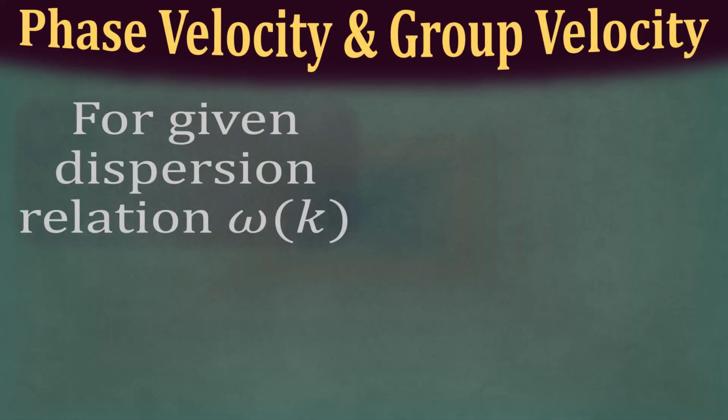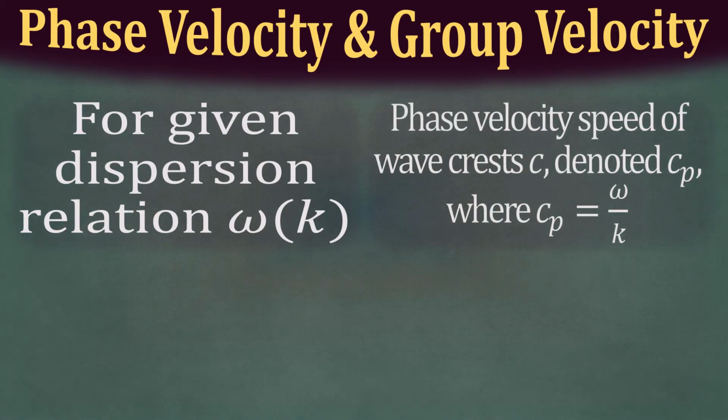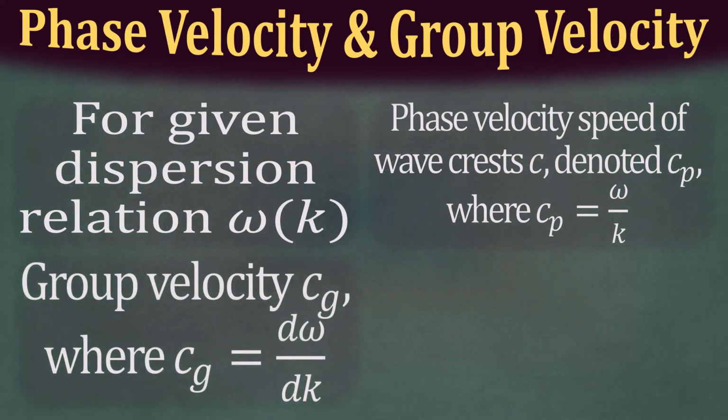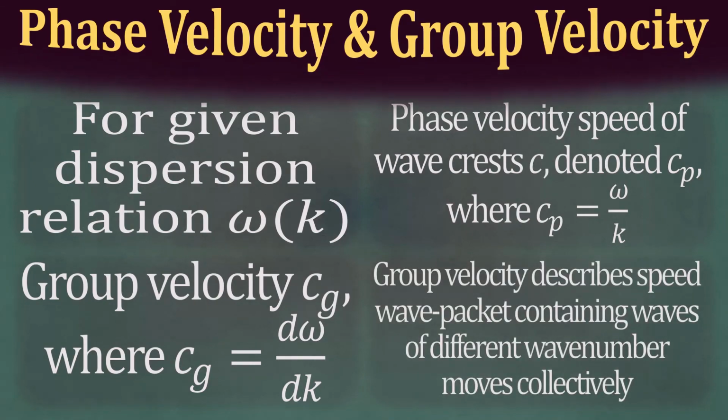For a dispersion relation omega of k, the phase velocity is the speed of the wave crest c, also denoted Cp, where Cp is equal to omega over k, and the group velocity is Cg, where Cg is equal to the derivative of omega with respect to k. The group velocity describes the speed with which a wave packet containing several waves of different wave numbers moves collectively, i.e. as a group.